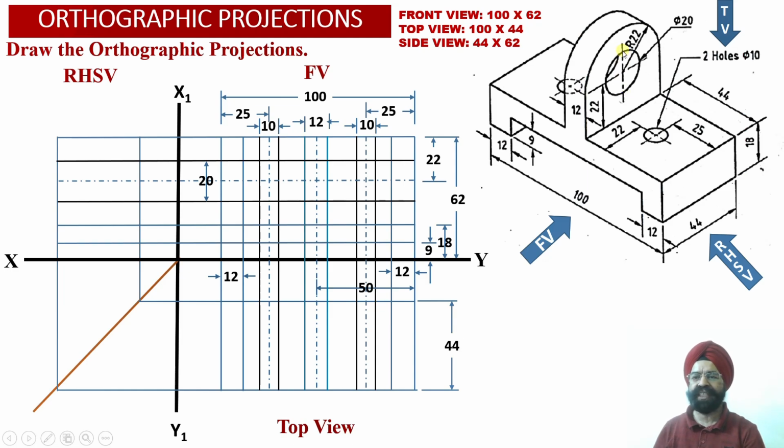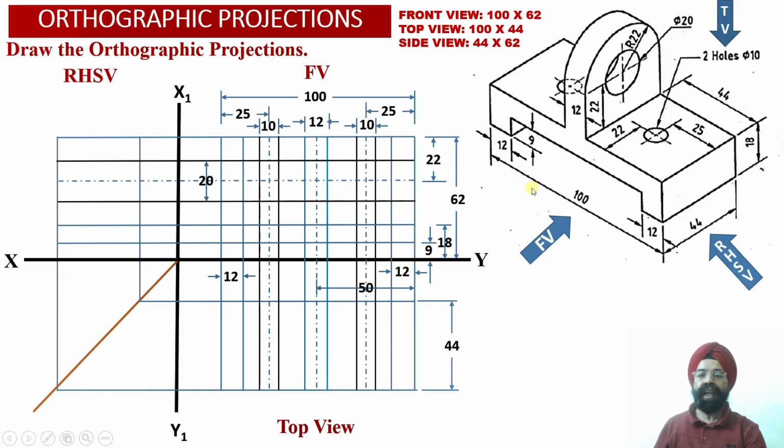We can check this end and this end of the diameter. So they will be located over here, and these two horizontal black projector lines we have obtained in the front view projections, and they have been appropriately extended into the right hand side view projections also.